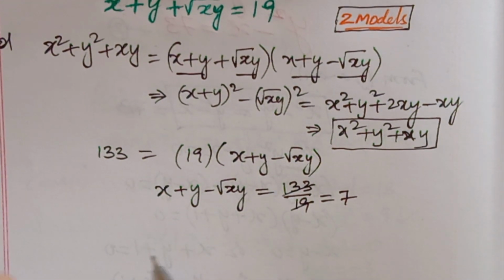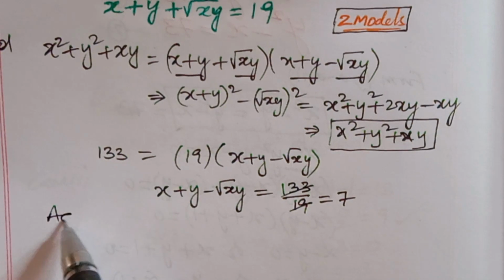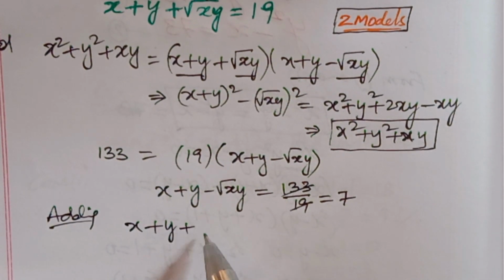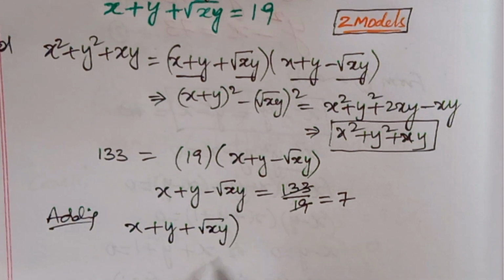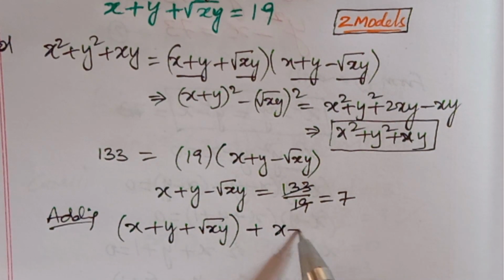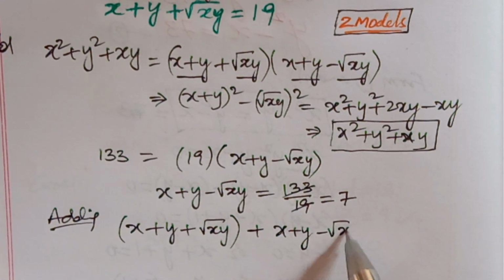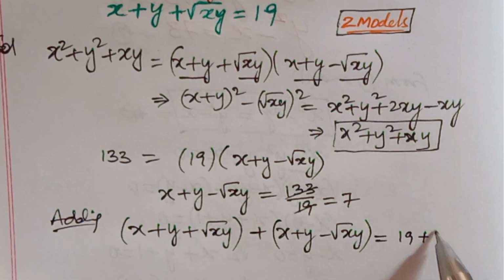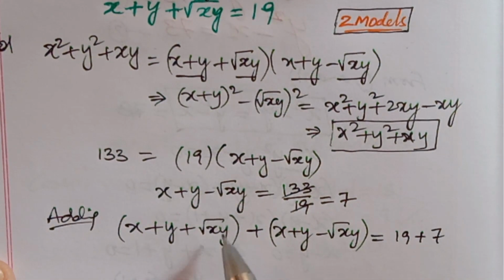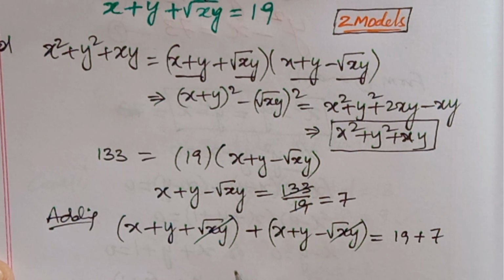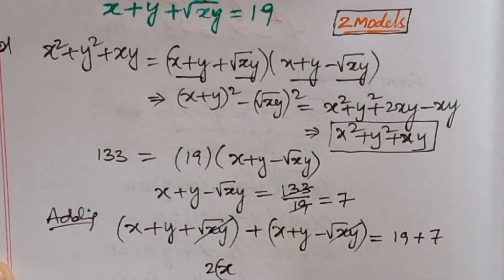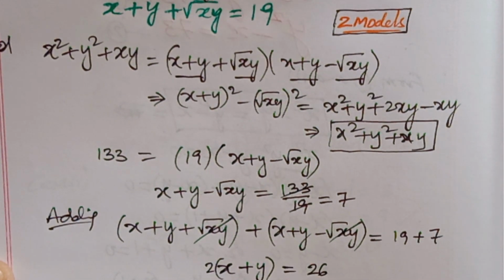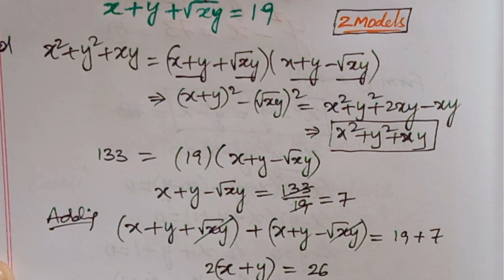Now adding these two factors, x plus y plus root xy plus x plus y minus root xy. So adding this, 19 plus 7. Here the root xy terms cancel, so 2 of x plus y is equal to 26. x plus y is equal to 13.